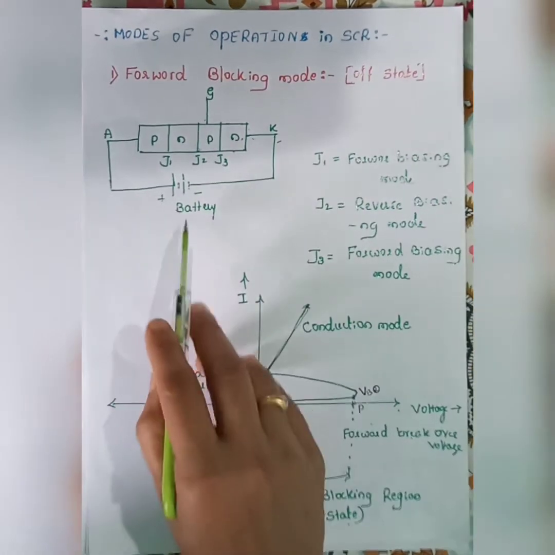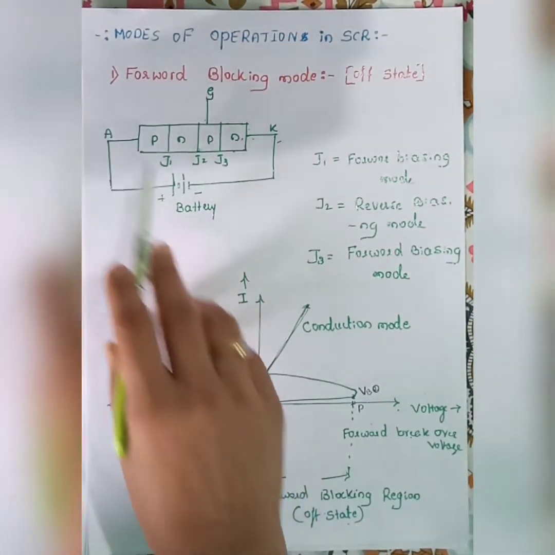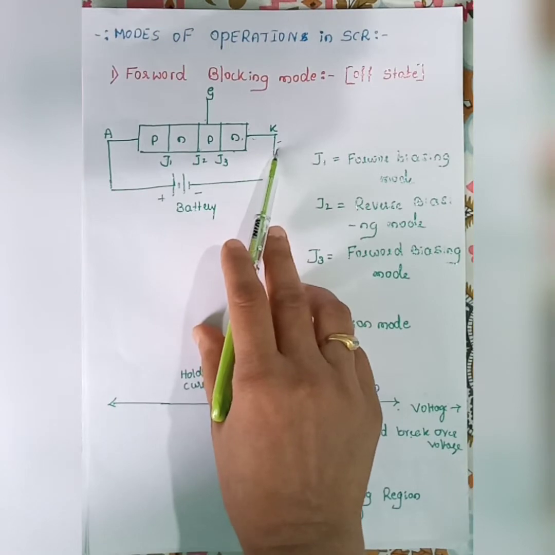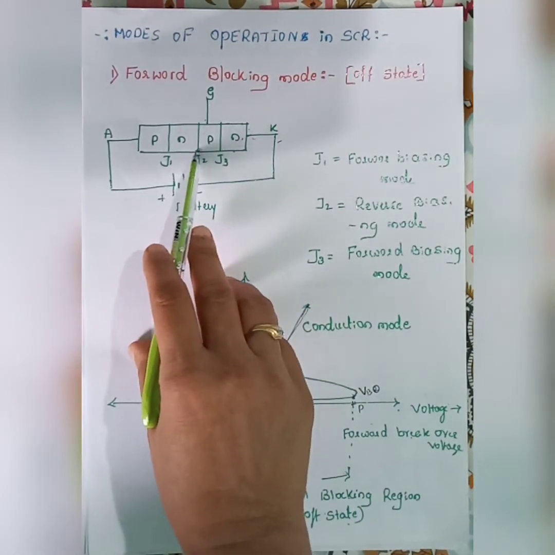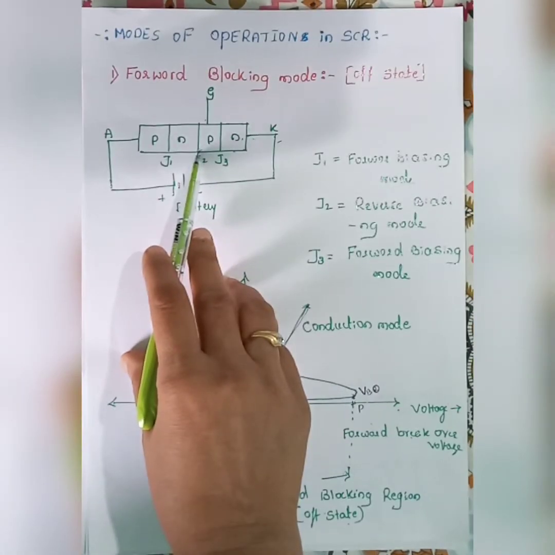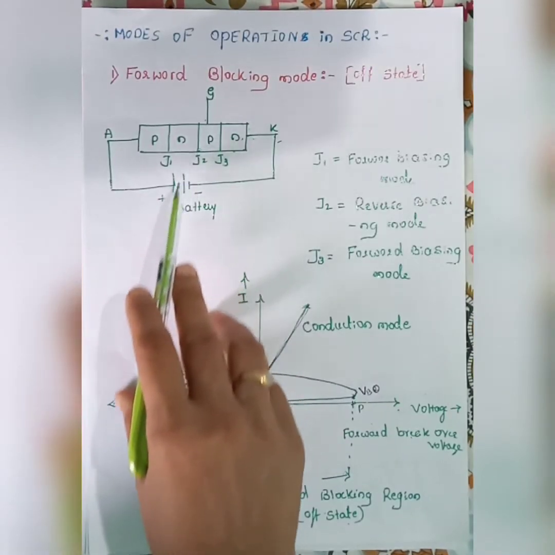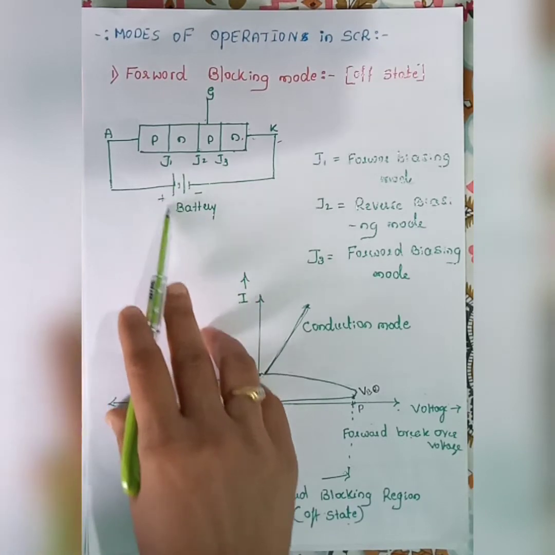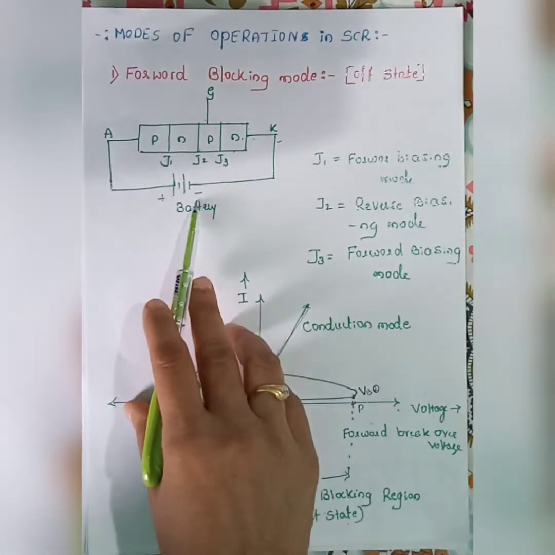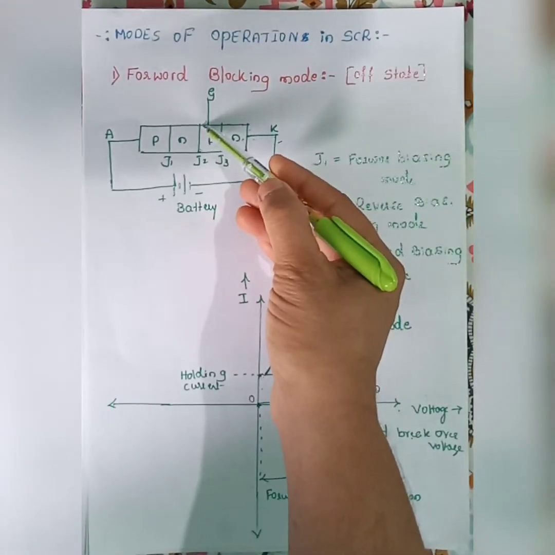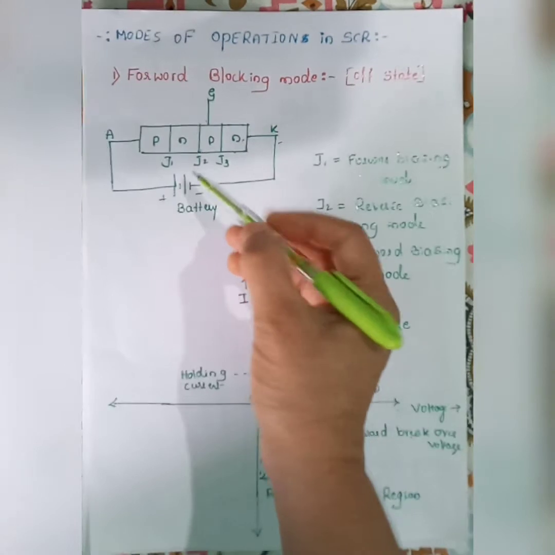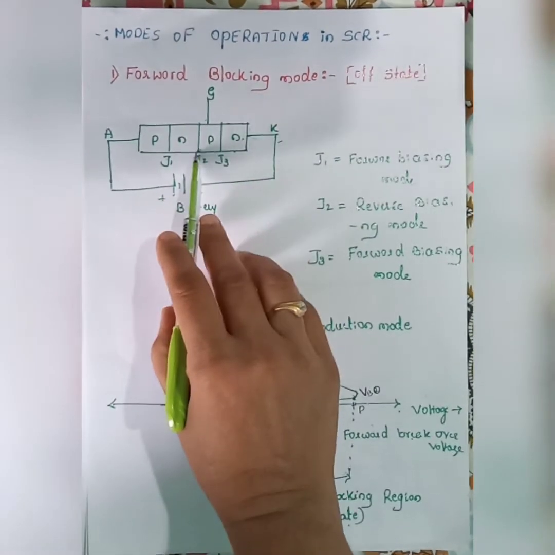When the applied voltage between anode and cathode is increased, the depletion layer present at the J2 junction decreases. If the voltage between anode and cathode keeps on increasing, at some particular voltage the depletion layer at junction J2 vanishes, or the junction J2 breaks down.